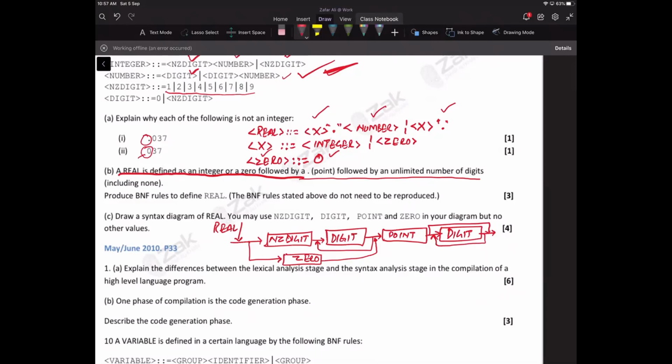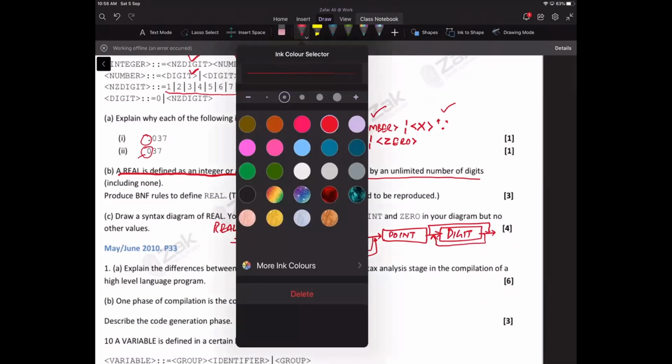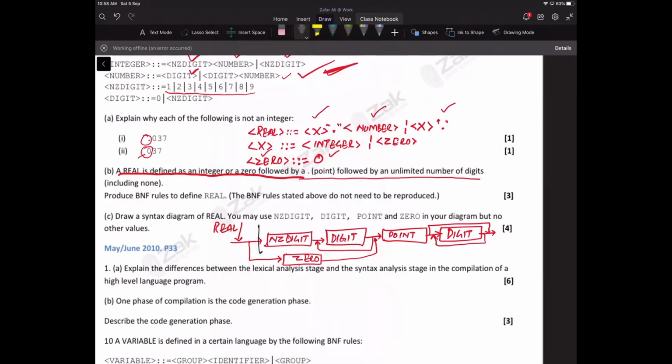This is actually integer because they have not allowed us to use integer in this case, so we had to use this and describe it over here this way. Integer or zero, which is followed by a point and an unlimited number of digits including none. That is how you would have to deal with it.